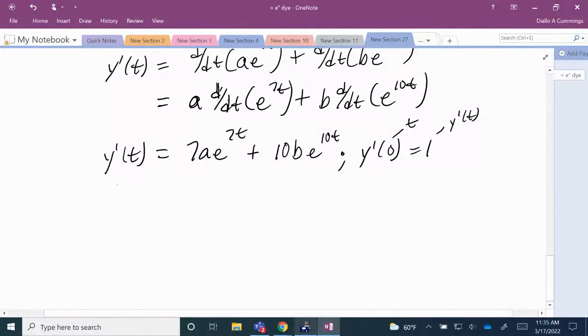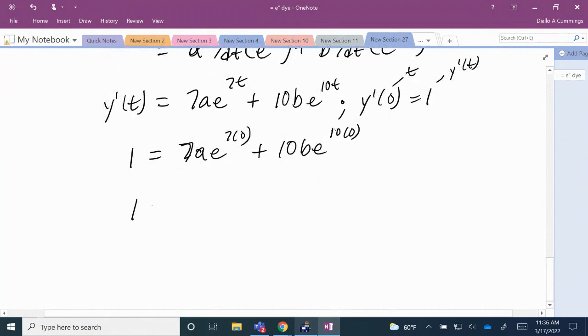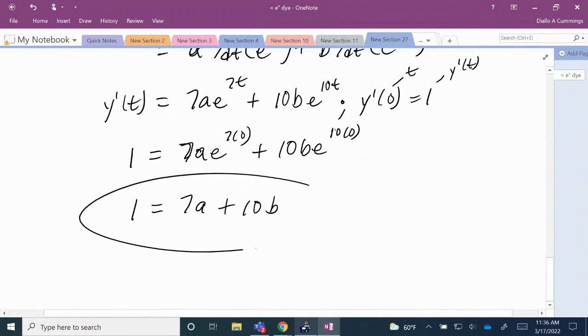So substituting in, we have y prime of t, that's equal to 1, that's equal to 7a times e to the 7 times 0 plus 10b times e raised to the 10 times 0. I'm going to simplify, so we have 1 is equal to 7a plus 10b.